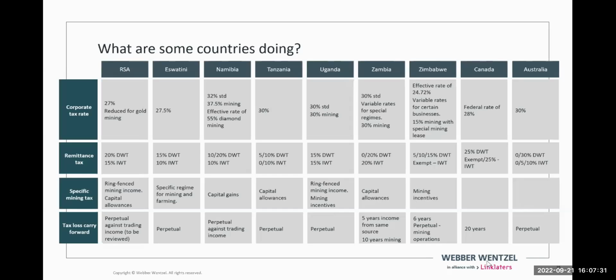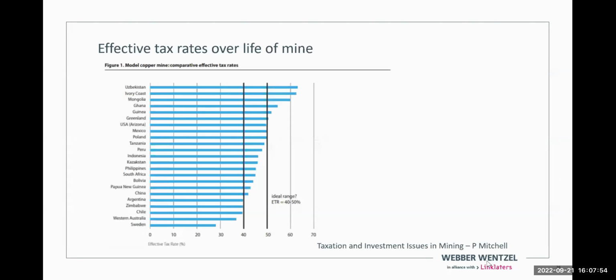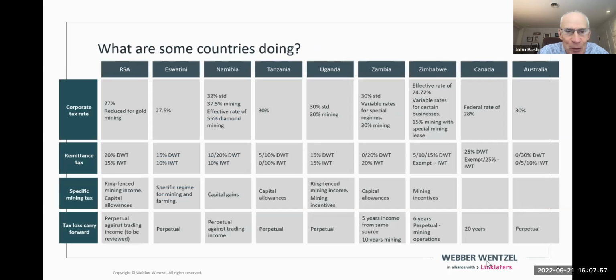There isn't necessarily a lot of variation, but it's interesting to just see what countries regard as the example of Namibia, where they are strong in diamonds, to see the toggling of the tax rate there in relation to that industry. Okay. I don't know whether anybody has a question about their own jurisdiction here or not, but if you do, now's the time to raise it.